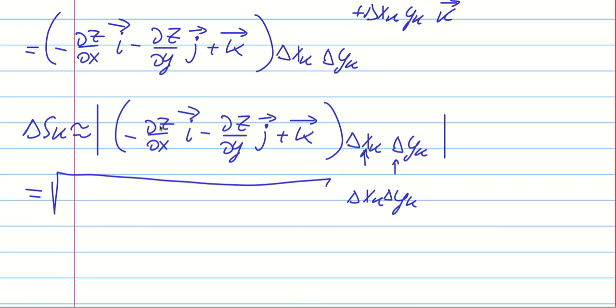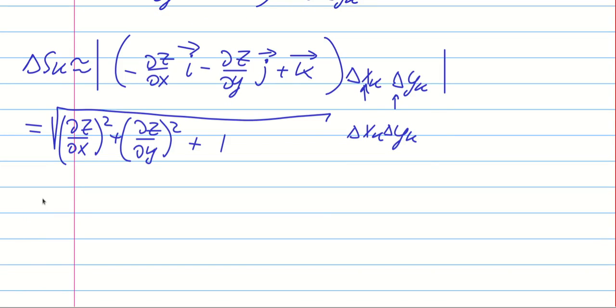And then we have to find the magnitude of this vector over here. So this is going to be partial of z with respect to x squared, plus partial of z with respect to y squared, and 1 squared is 1. So this is approximately delta s sub k.